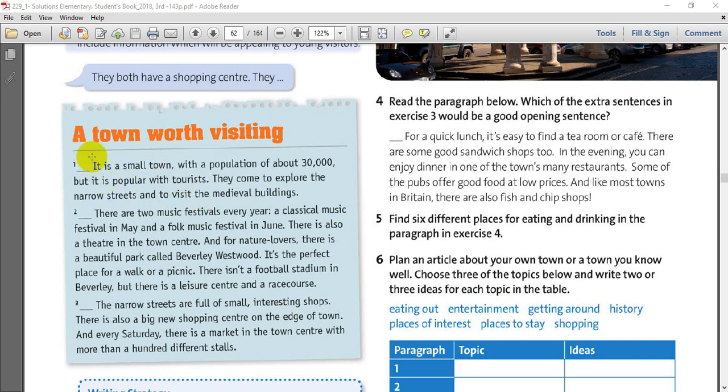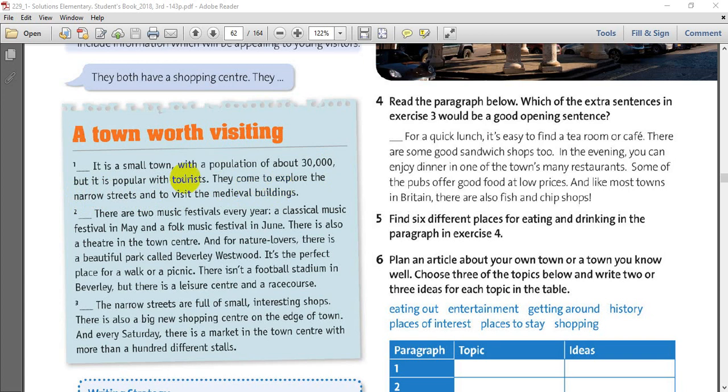Let's start. A town worth visiting. It is a small town with a population of about 30,000, but it is popular with tourists.